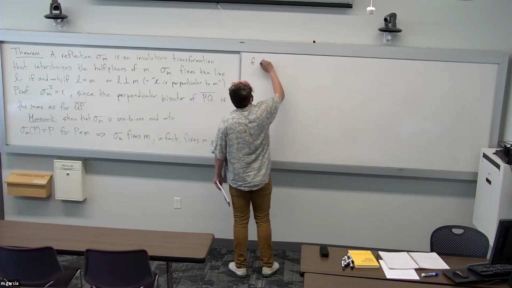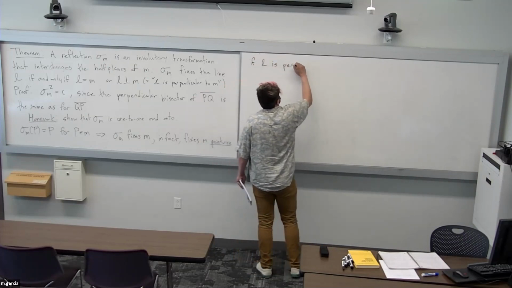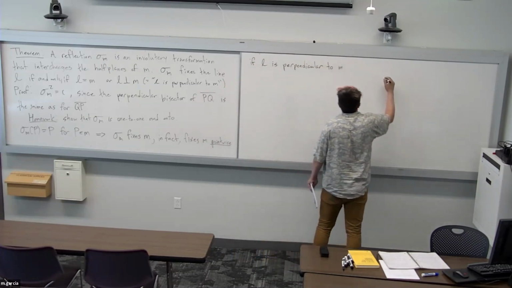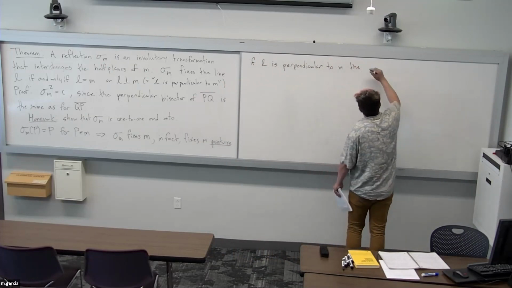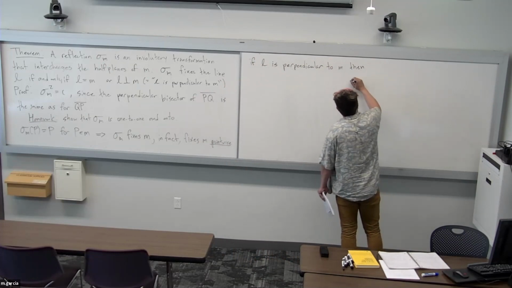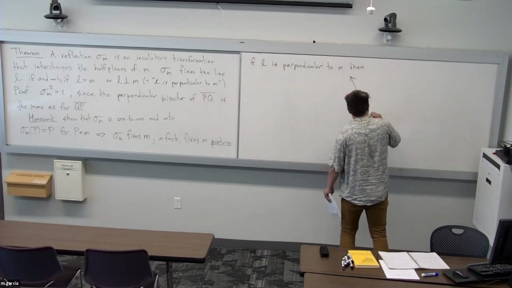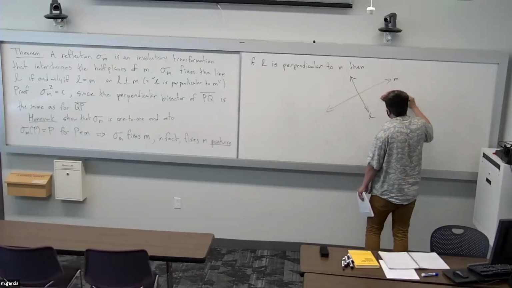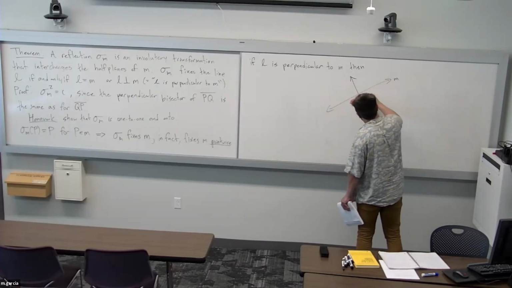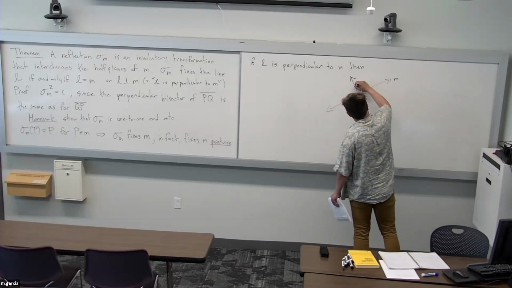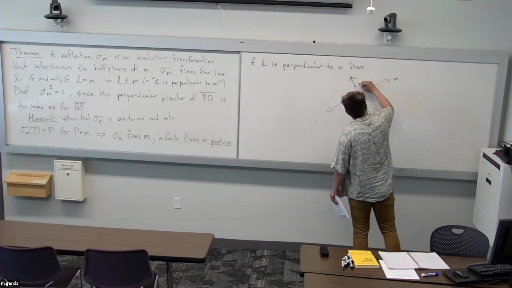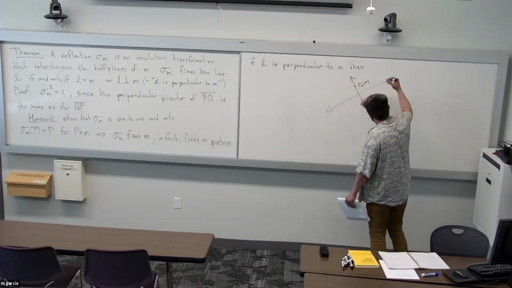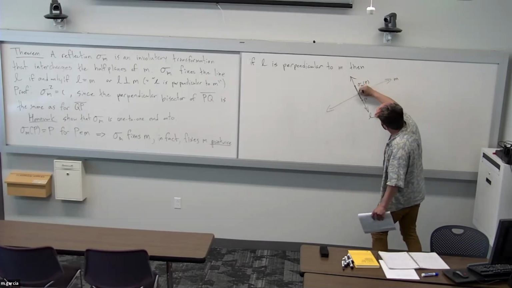If L is perpendicular to M, then for any point on L, say P, we'll take sigma sub M of P. M will always be the perpendicular bisector for this segment.